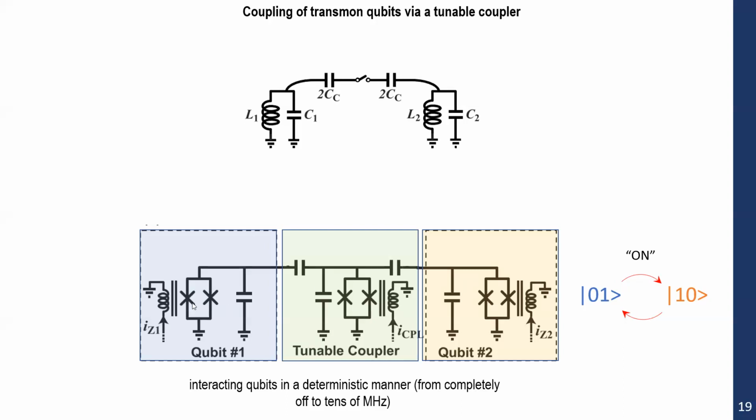So for example, in this figure, we have this qubit 1 shown in blue. Again, it has two Josephson junctions and one capacitor. We have another qubit 2 shown in yellow, right? And then we put in this tunable coupler, which also has two Josephson junctions here.